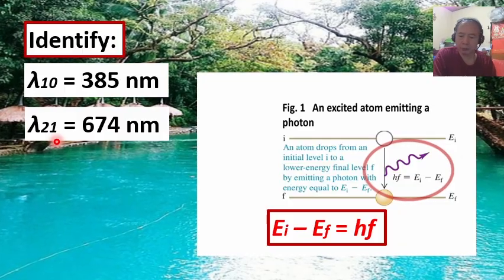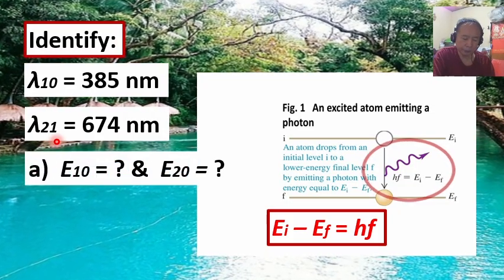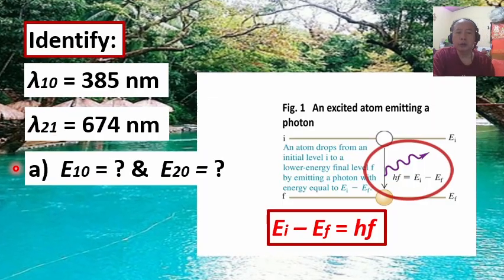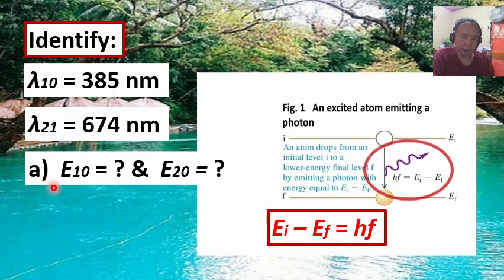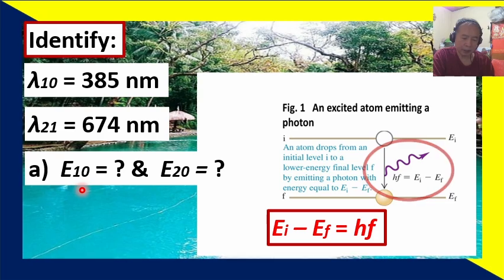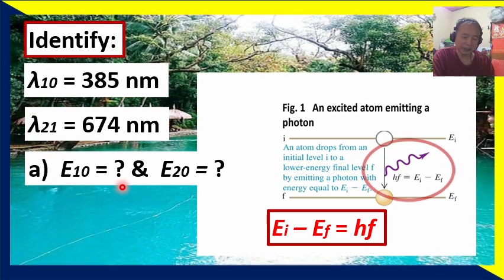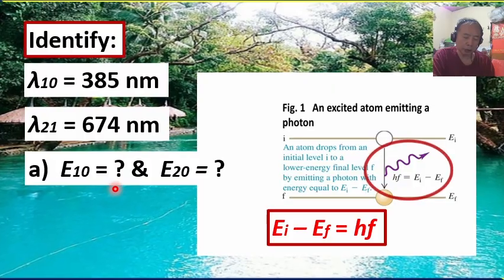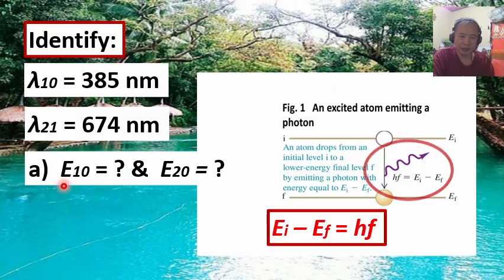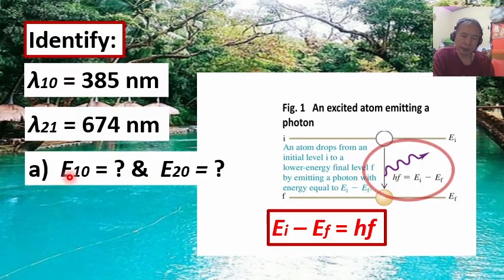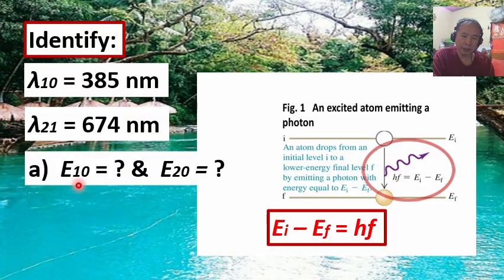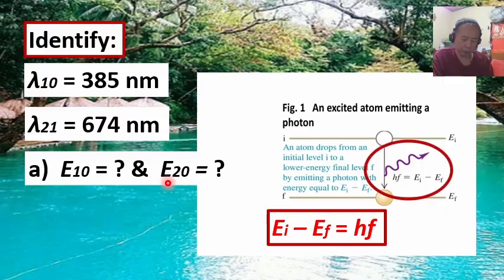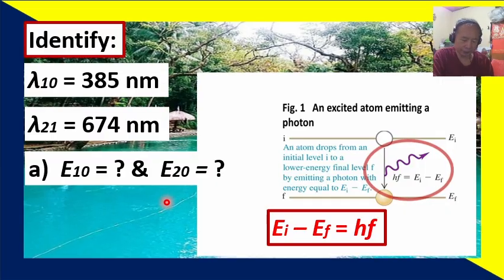And we are required to find in part A the energies of the first and the second excited levels relative to the ground level. That is, capital E sub 10 and capital E sub 20 respectively.